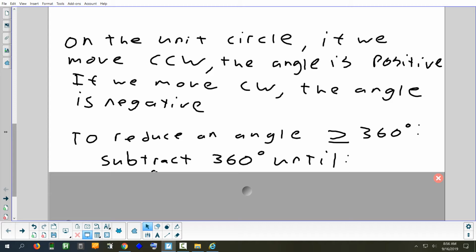Now, you don't want to keep subtracting 360 too many times. Because what would happen if you subtract 360 too many times from your angle?